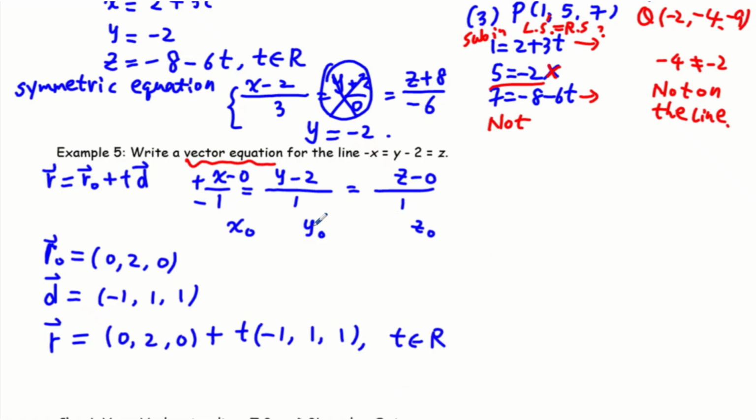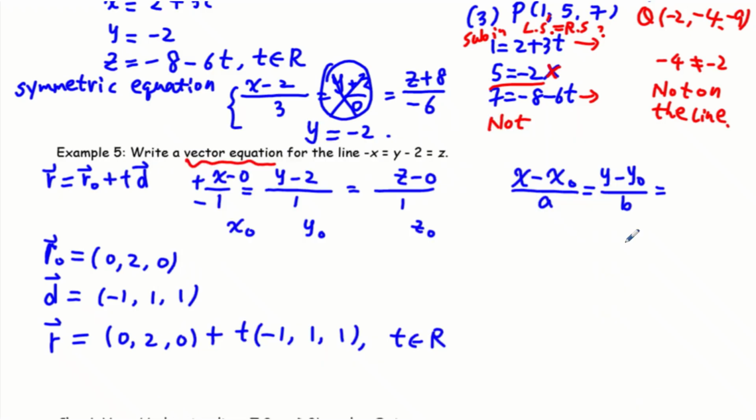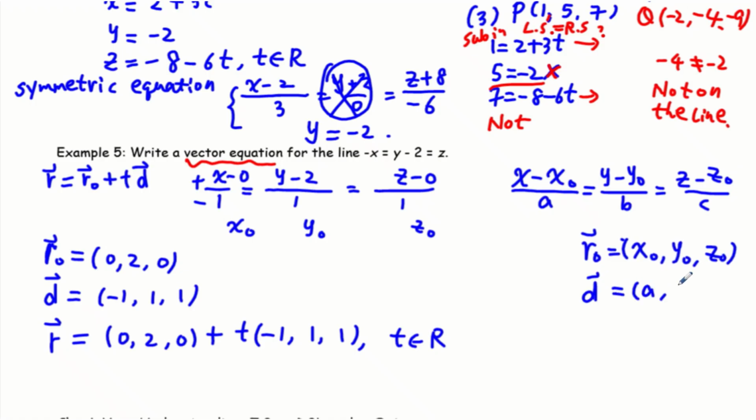So, if you are confused, I will rewrite the symmetric equation here. So (x minus x0) over a equals (y minus y0) over b equals (z minus z0) over c, and r0 is our x0, y0, z0, and the direction vector is the denominators a, b, c.